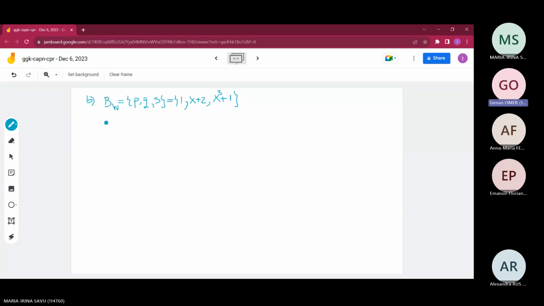Let's say the one with x squared, because it's not here. Exactly. If you take 1, x plus 2, x cubed plus 1, and x squared, so you add this, you get a basis of R3 of x, and your homework is to justify why.